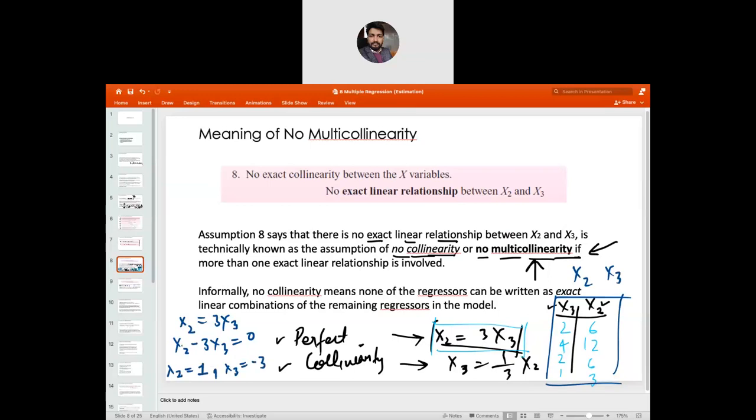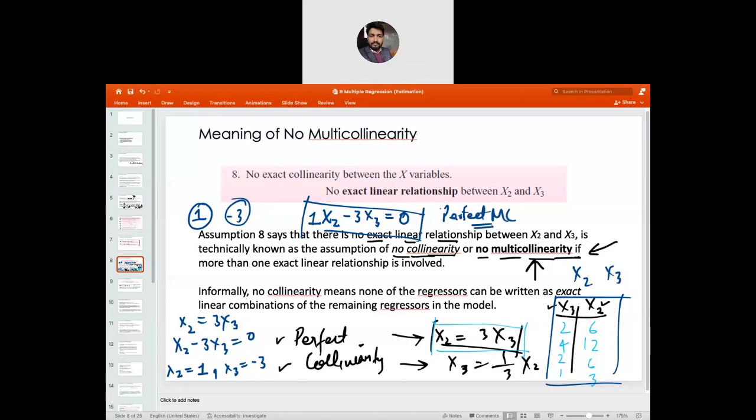So here I have got lambda 2 and lambda 3, two numbers, lambda 2 which is 1 and lambda 3 which is minus 3. I have got two numbers such that if I multiply the first number by x2 and the second number by x3 and form a linear combination of the two products, if it is equal to 0, then we say that there is multicollinearity or perfect multicollinearity.